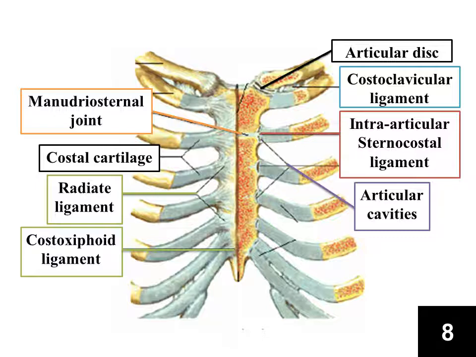This ligament is attached to the fibrous disc of the manubriosternal joint, as we see in the picture. We also have the costoxiphoid ligament on the seventh rib, which connects the anterior and posterior surfaces of the seventh costal cartilage to the sternum, and sometimes even the sixth costal cartilage, to the anterior and posterior surfaces of the xiphoid.